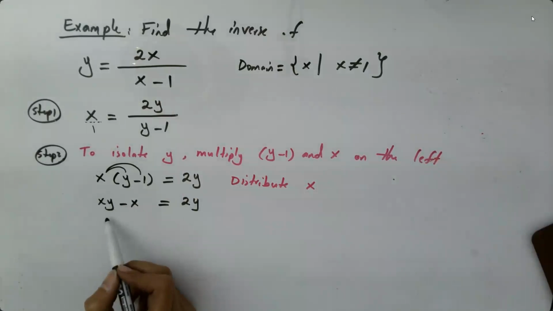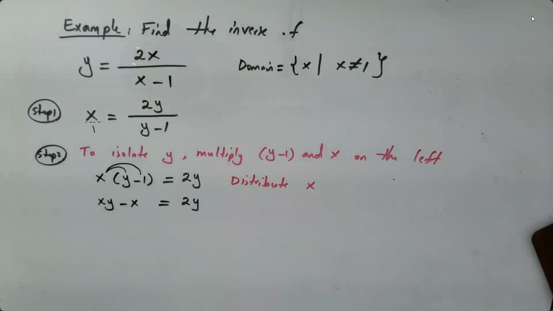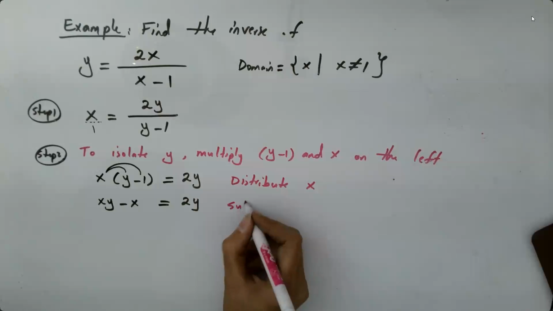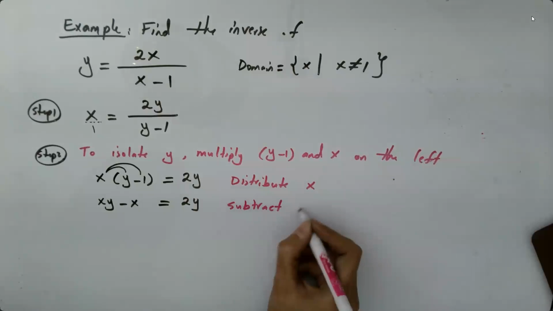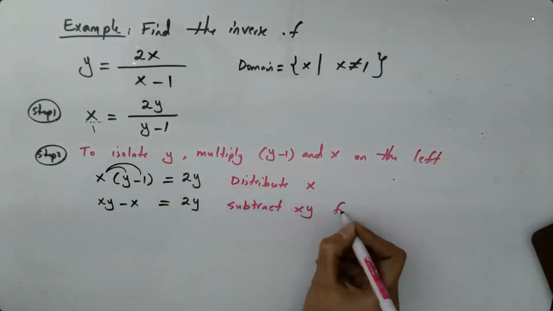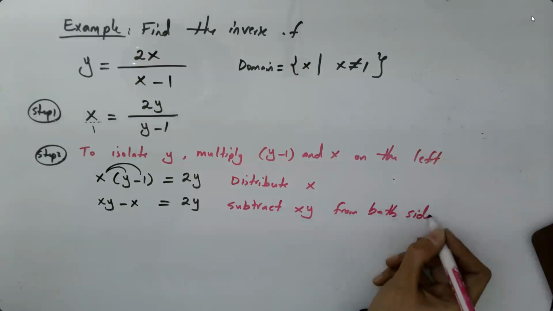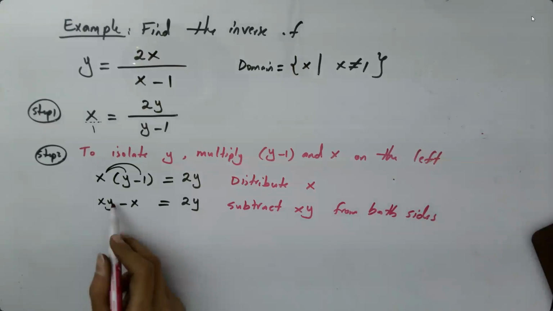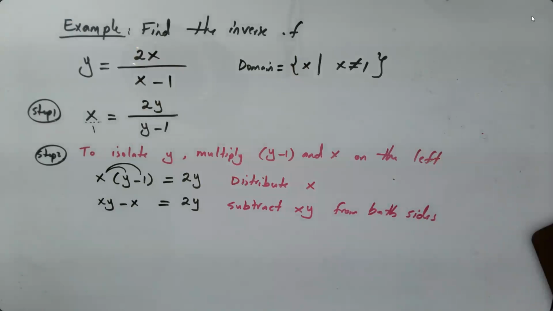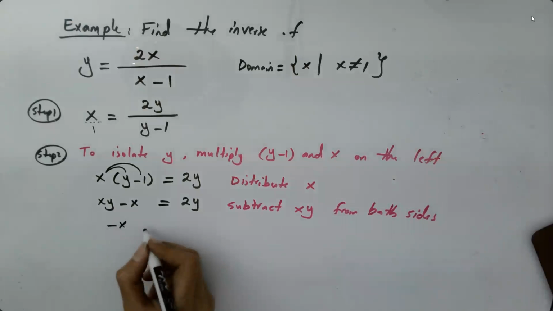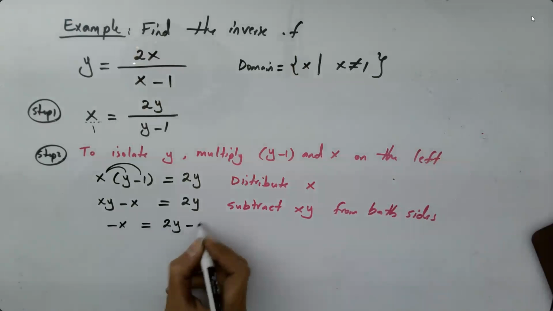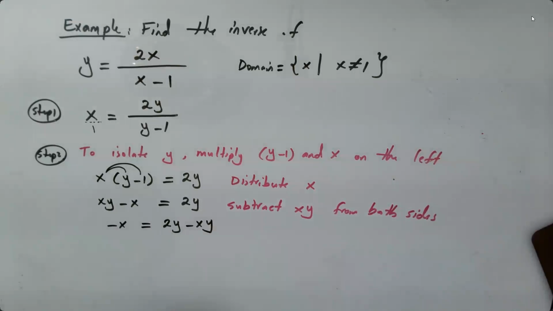Bring xy to the other side. Subtract xy from both sides. My goal is to have all y's on one side. So I get minus x equals 2y minus xy.